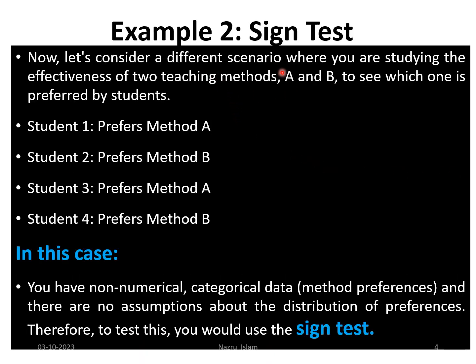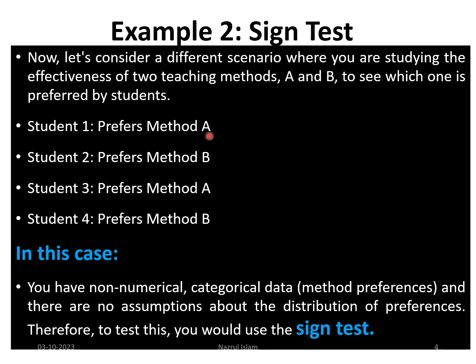For example 2, for the sign test. Now let's consider a different scenario where you are studying the effectiveness of two teaching methods, A and B, to see which one is preferred by students. There are four students.